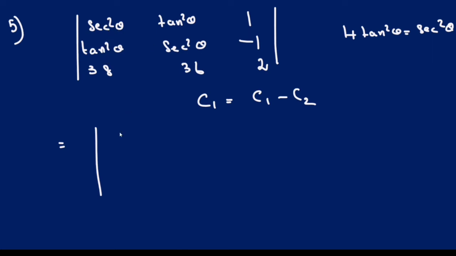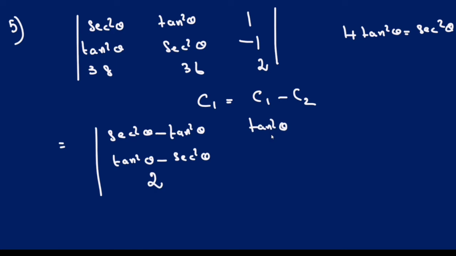So this is equal to, what do you get now? Secant square minus tan square. First column I am changing. Second element is tan square theta minus secant square theta. The second column as it is: secant square theta.